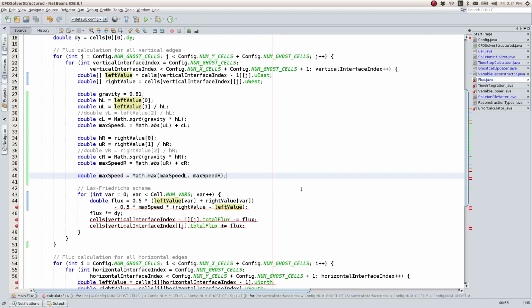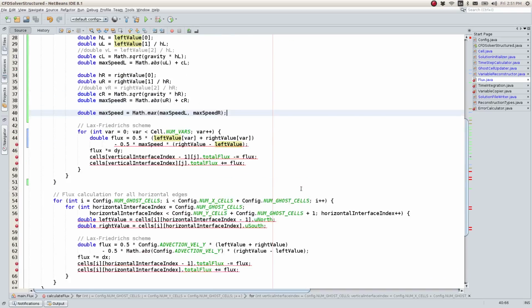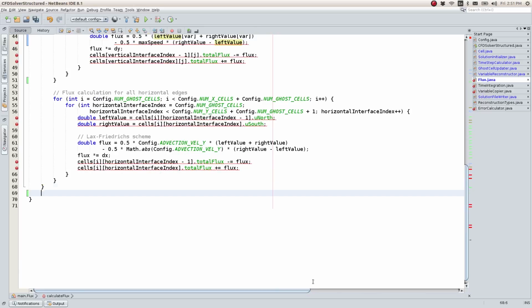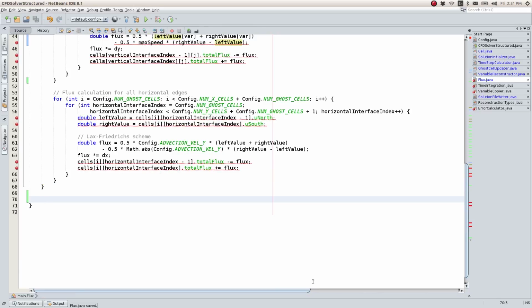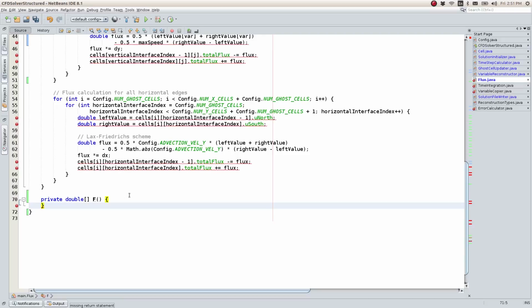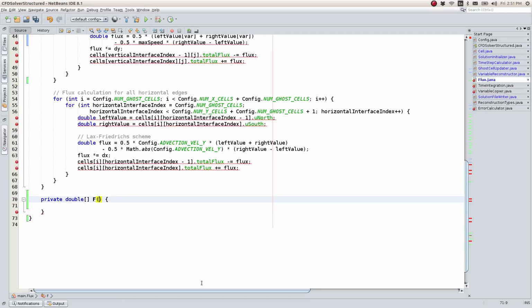So okay, let me define a function here called f, so let me make it private, double array called f, and what it is going to do is take a double array of u, and it's going to return an array.